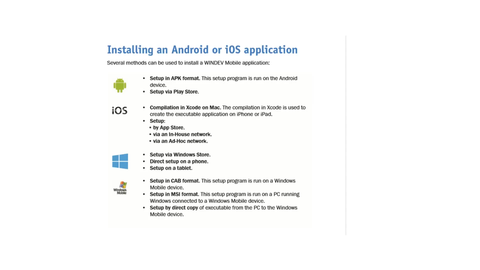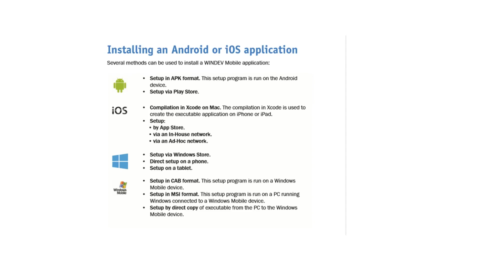Now today we will see installing an Android or iOS application using Windev mobile application software. Now there are different methods available, how we can install, how we can deploy, and which are the files which are to be installed. Now first of all we will see Android.